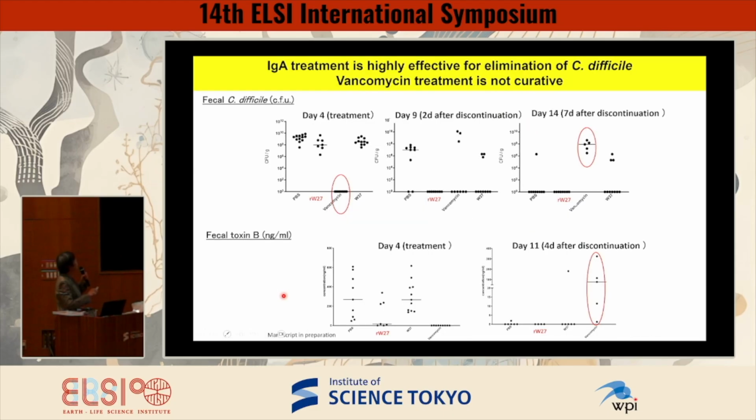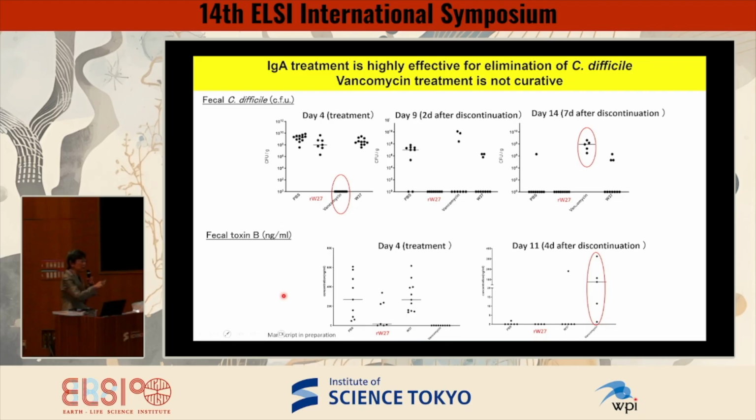For example, if you calculate the C. difficile colony number, during the treatment the vancomycin treated group did not show any colony, but at the end, the surviving vancomycin treated mice showed emerging C. difficile and also toxin B production.